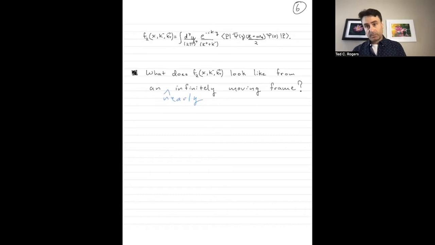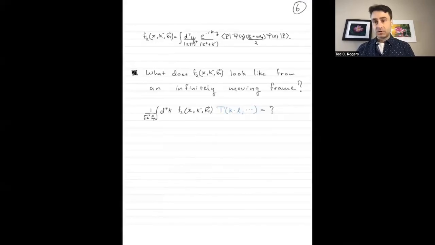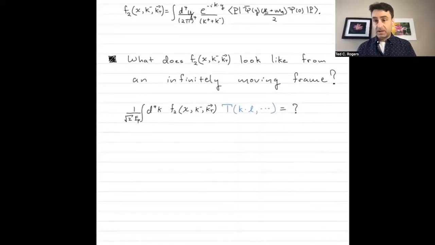So we need to integrate over some region of four momentum space with something else. And usually that something else will be representative of how we're doing a particular type of measurement or observation. So I'm going to express that here, and the details here don't matter. I'm just trying to be as general as possible.